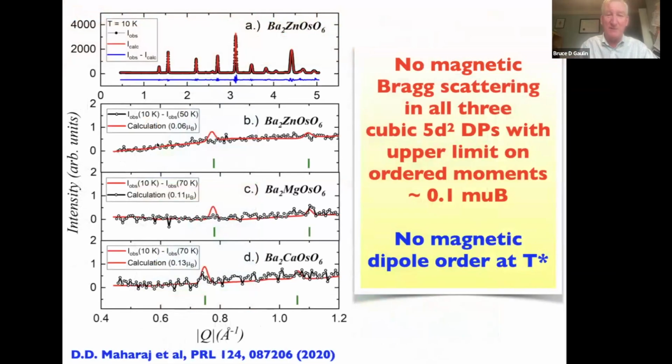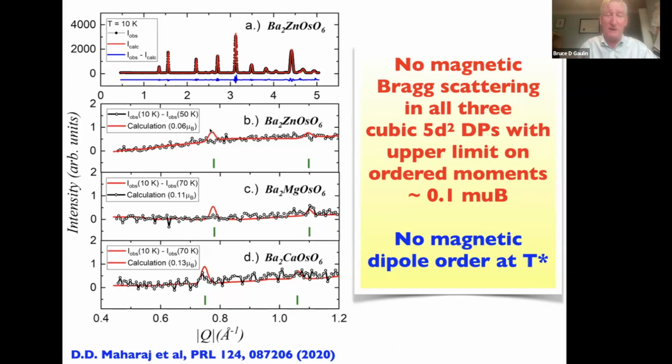But we can actually do better than that. We can go to the world's best powder neutron diffractometer at the Institut Laue-Langevin and look at this more carefully and try to model different magnetic structures and see what we would have seen, if there were magnetic Bragg peaks present that corresponded to some of these structures, and that's what's shown here.